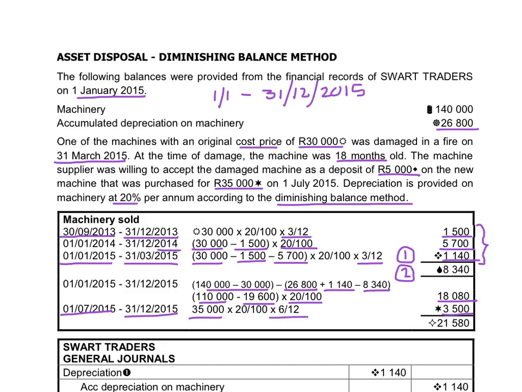So that means the total depreciation that will be written off on existing machines that's still in use by the business at the end of the year will be 21,580.